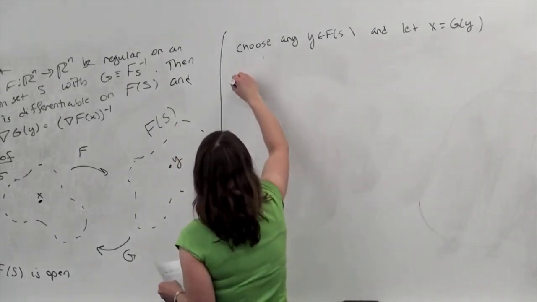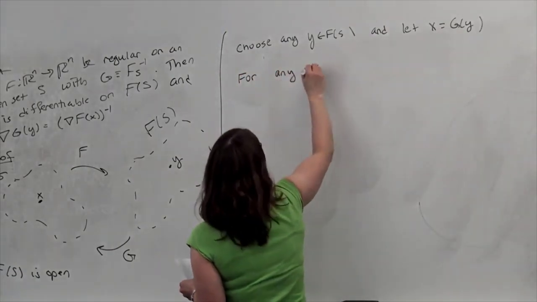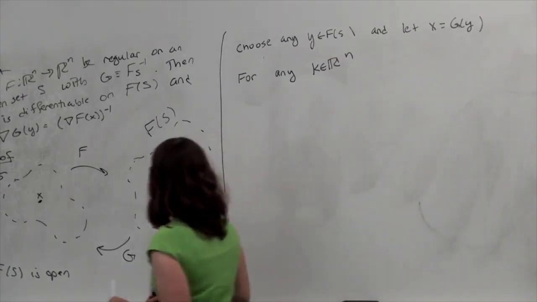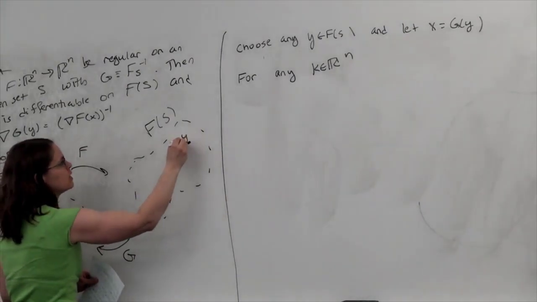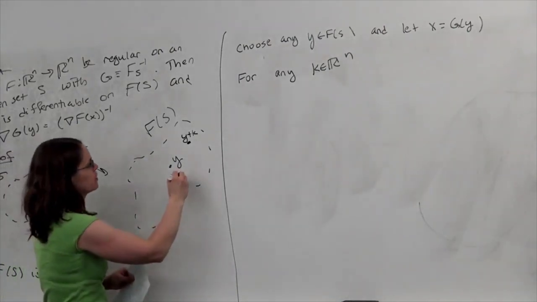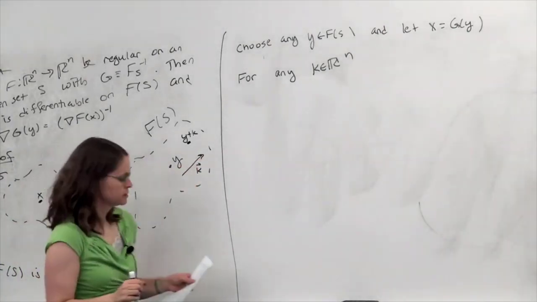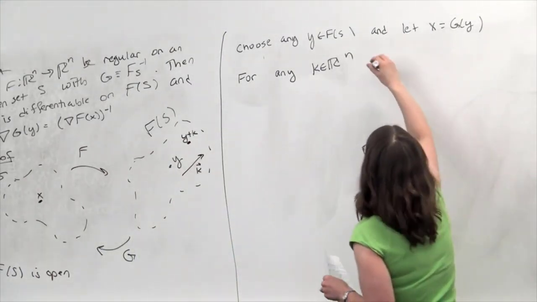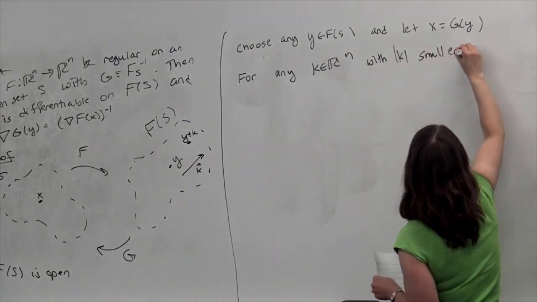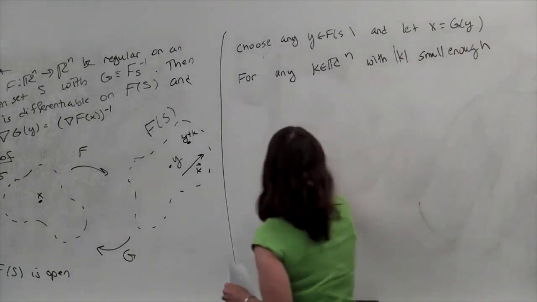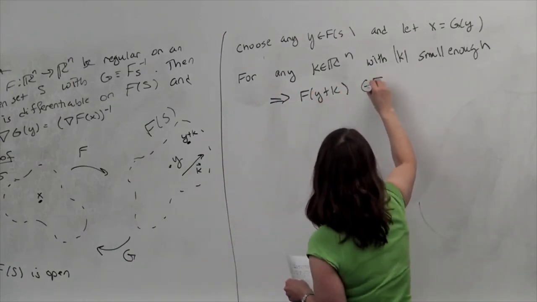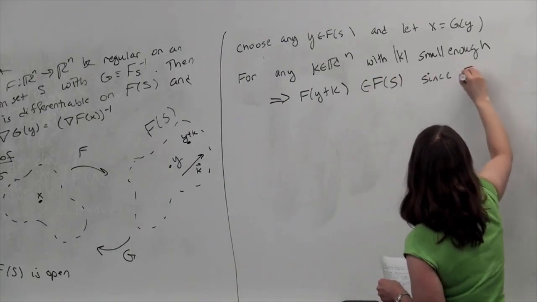So for any k in Rn, this is y, and I'm going to call this y plus k. So k is that vector. With k small enough, we know that f of y plus k stays in our set, since f of S is open.